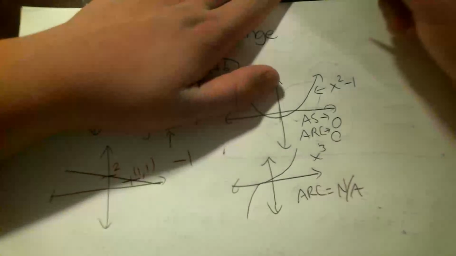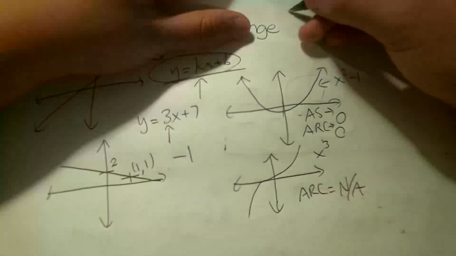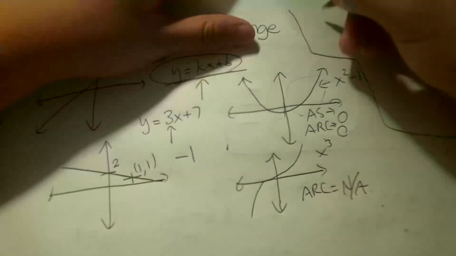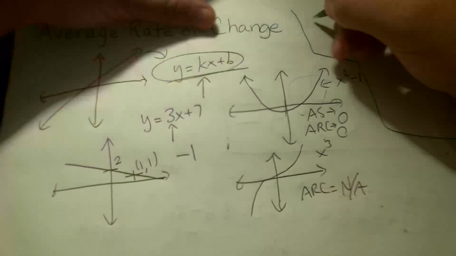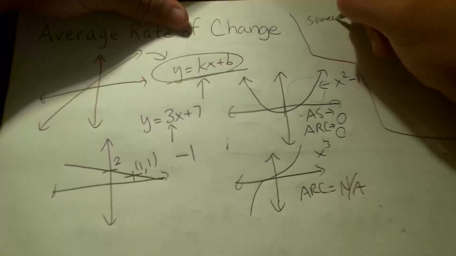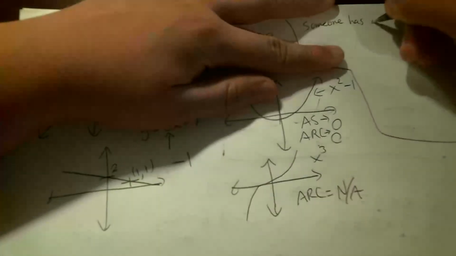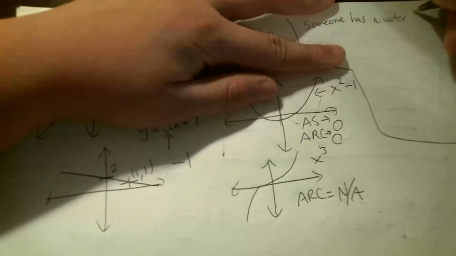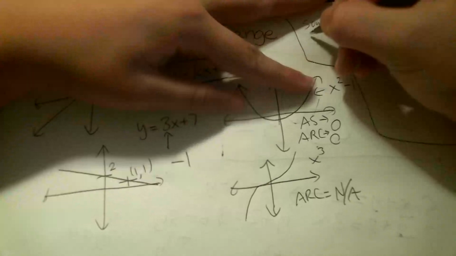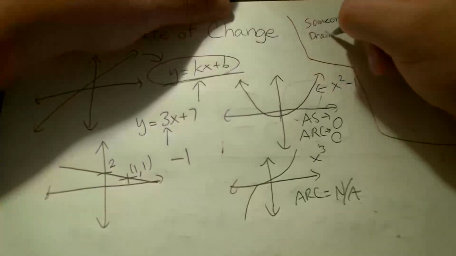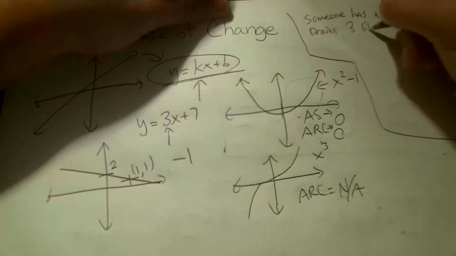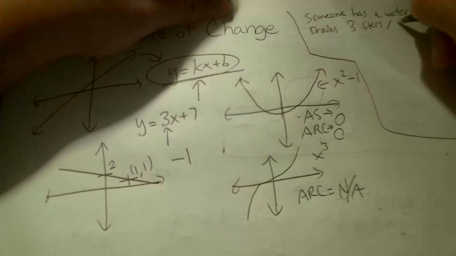Average rate of change can also be used in word problems. Let's just say you had a word problem that says someone has a water tank, and that water tank drains at a rate of 3 liters per second.